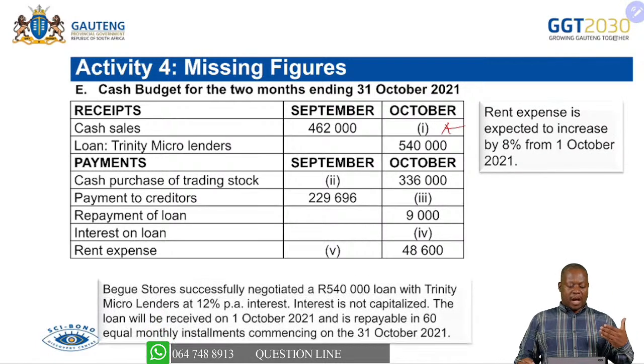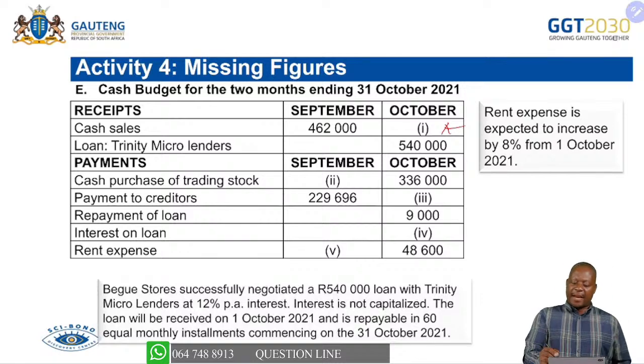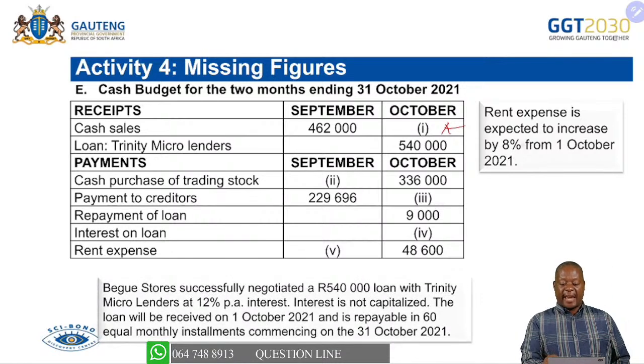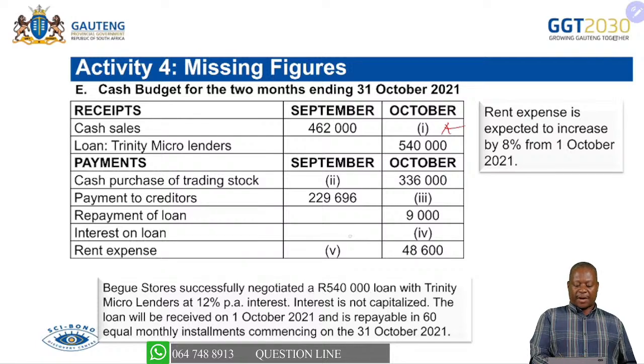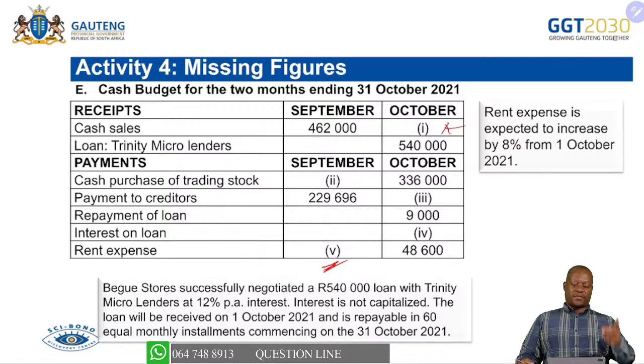Now, let's do it this way. Let's use the information that we are given so that we can be in a position to find what we are looking for, before maybe we get to the order that information is. Now, they are saying here, the rent expense is expected to increase by 8%. Now, let's go to the rent expense, which is 5. We don't know the rent expense for September, but we know the rent expense of October after an 8% increase.